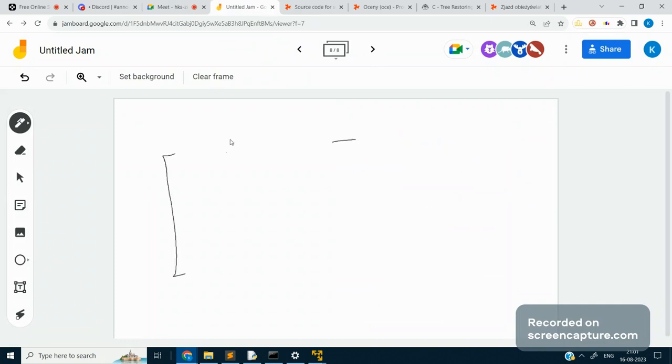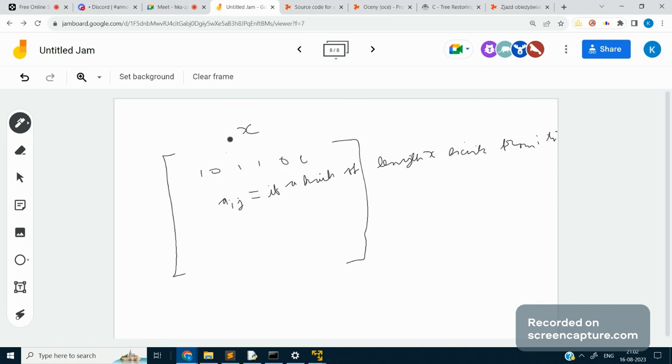So for the first matrix, we let Aij equal to, let's say this is of paths of length x. If a path of length x exists from i to j, so this is a matrix of zeros and ones.